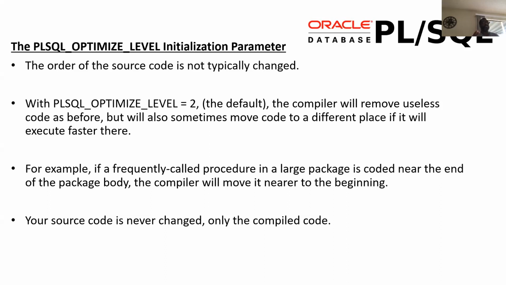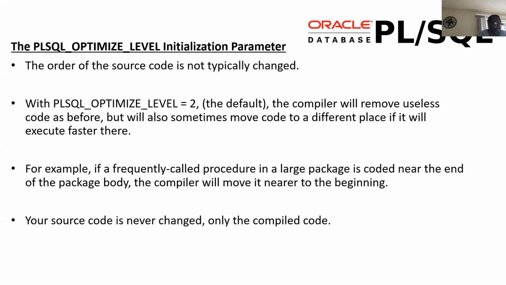Just think of this physically: it'll move it first in the line of subprograms so the compiler does not need to read through code that's not being run. So basically, it will conceptually move the code to a different place so that it will execute faster. I wouldn't think of that as being physically moved, but that will give you a sense of how it can be run.